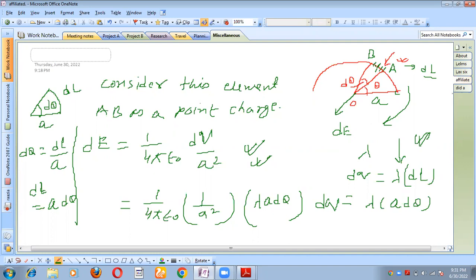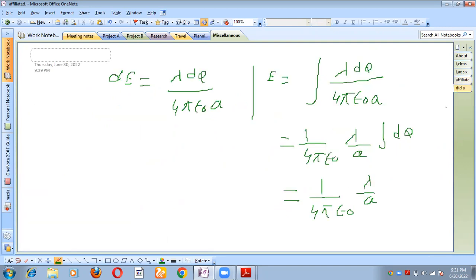Yes, sir. So theta will vary from 0 to pi, that is 180 degree. So integration of d theta will be theta. Integration of dx is x. Integration of d theta is theta.